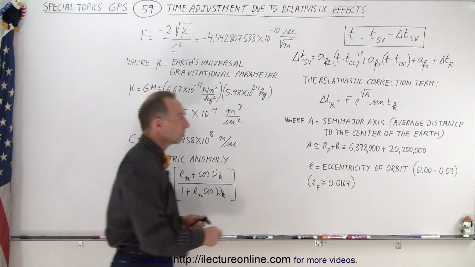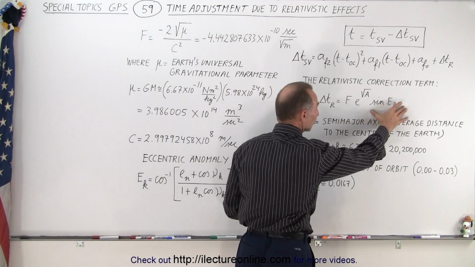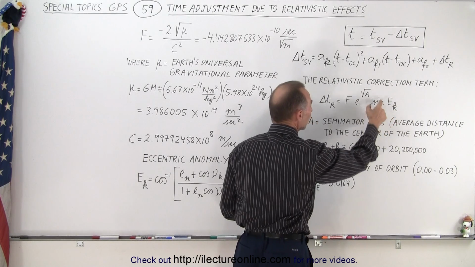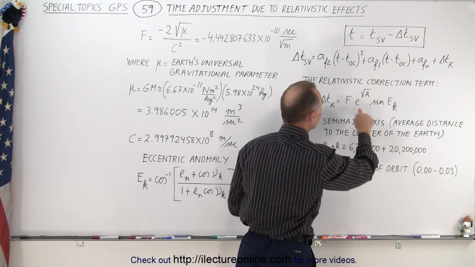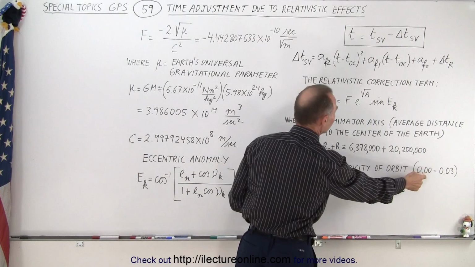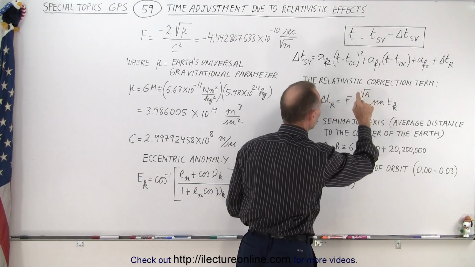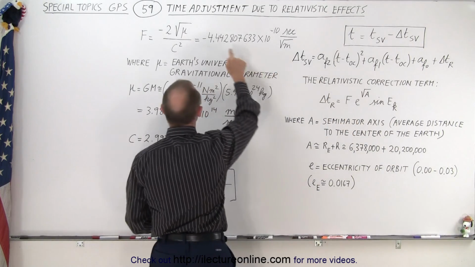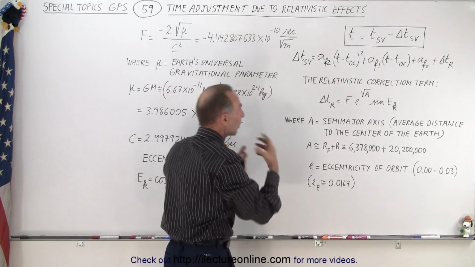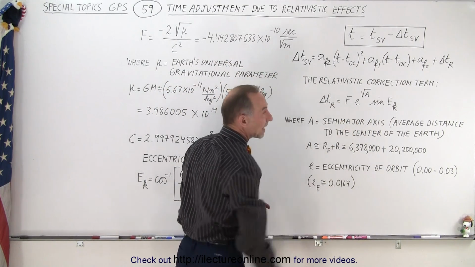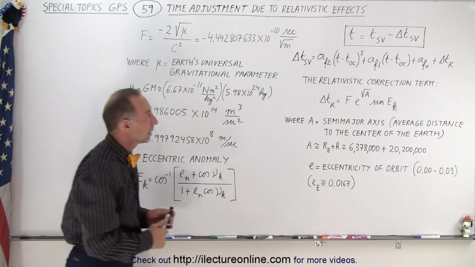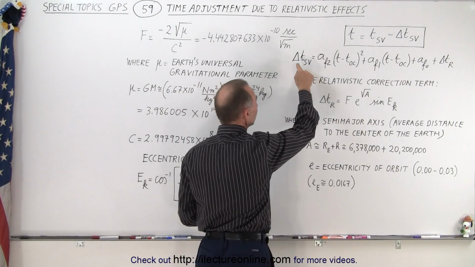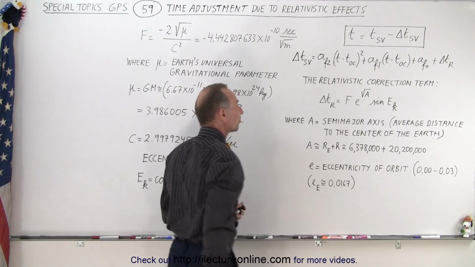So you can see we take the sine of a small number, which is in itself a small value right here. We multiply it times this quantity right here, the eccentricity, which is a very small number, raised to the square root of the semi-major axis, and we multiply that times this number right here, and that will give us an additional change in the time that we're going to calculate between the GPS time and the satellite time.